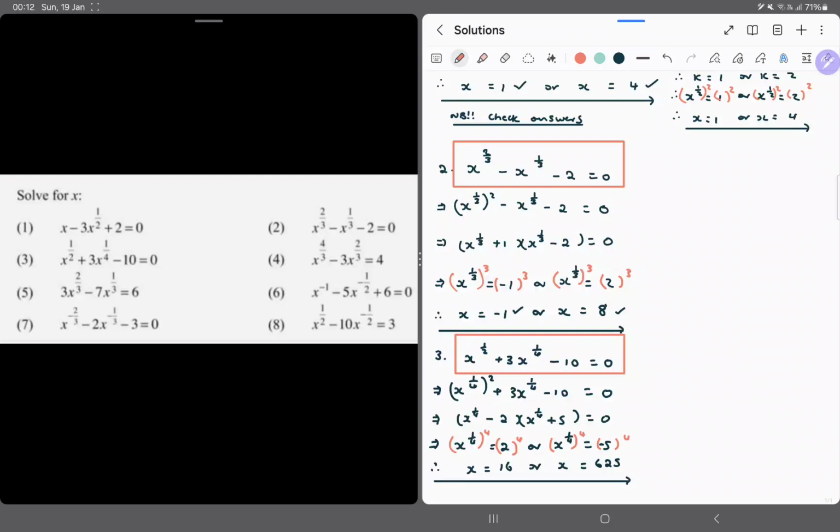So we've got here 16 to the exponent a half. So we can use the calculator to do this. Plus 3 into 16 to the exponent a quarter. Minus 10. We get 0, so this checks out.